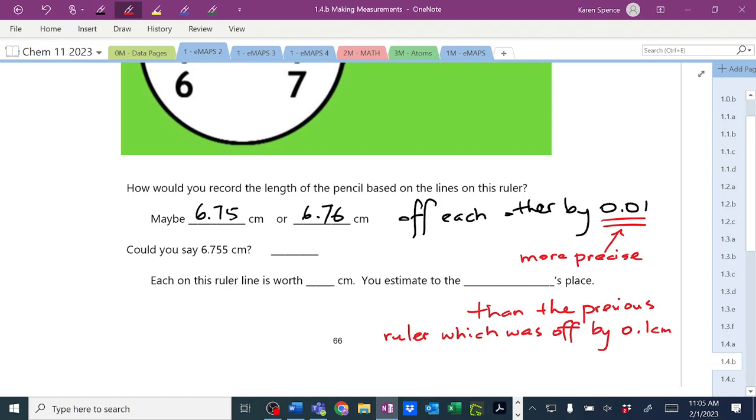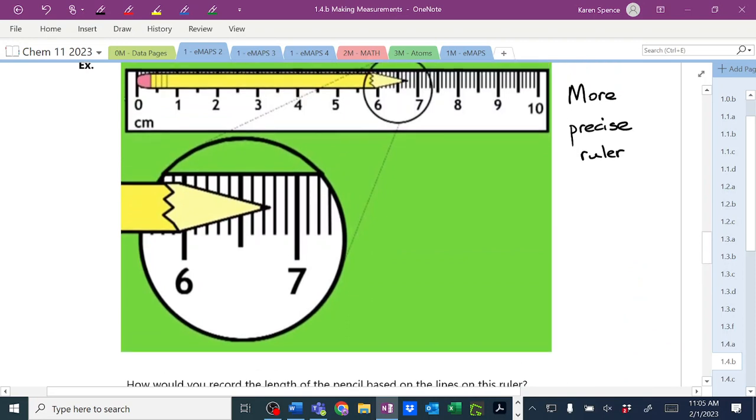Could you say that it is 6.755 centimeters? No. Each line on this ruler is worth 0.1, because this would be 6.1, this would be 6.2.